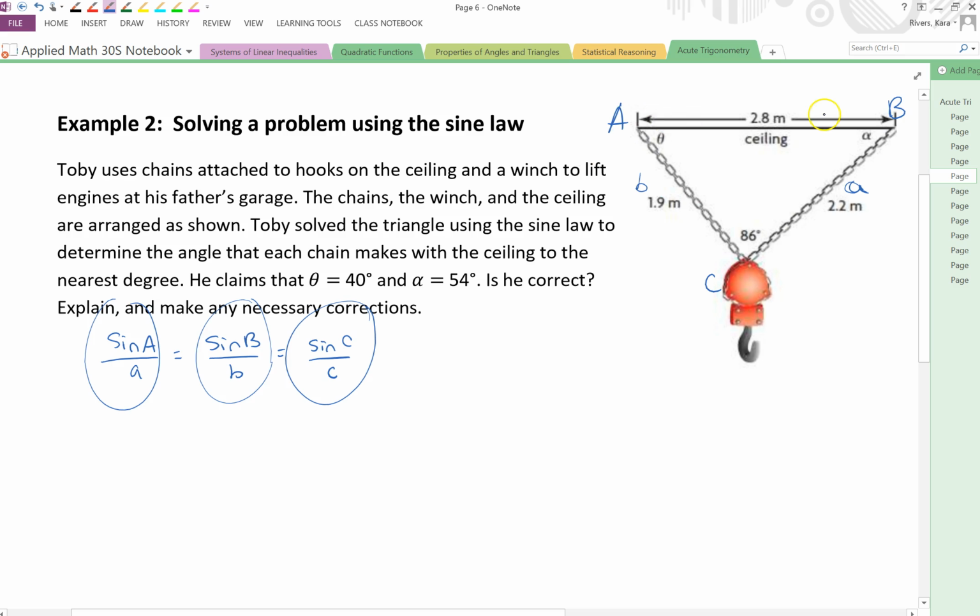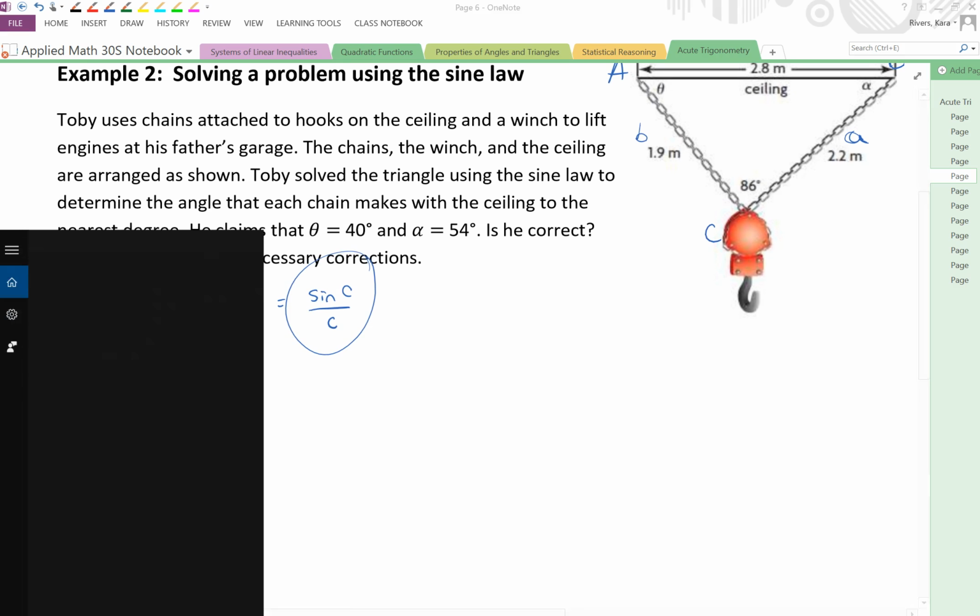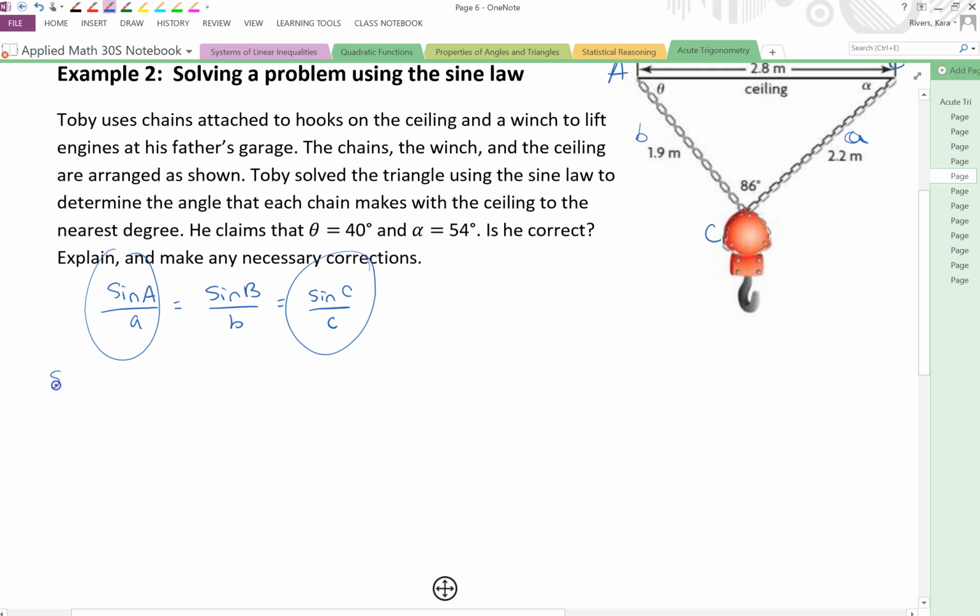Angle B is also an unknown. So those paired up isn't going to be good for me because I'm going to have 2 unknowns. So if I have sine A over a and sine C over c paired up, that's going to be useful because for C, both of those are given, and for A I have 1 unknown. And then I'll pair up C with B and solve that one separately. So, sine A over a is equal to sine C over c.